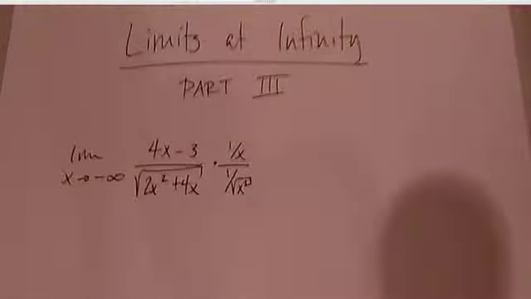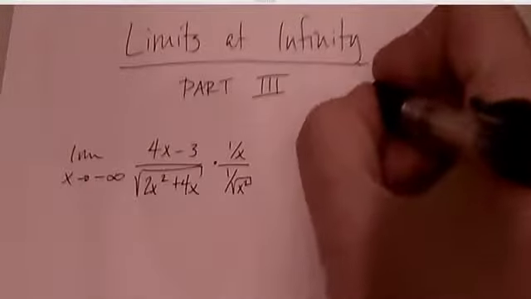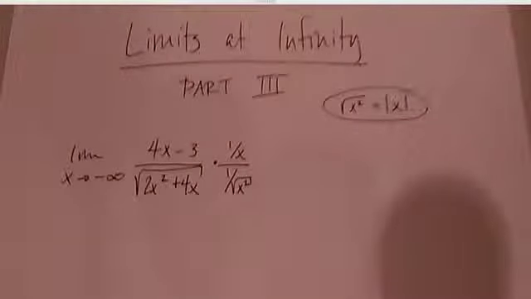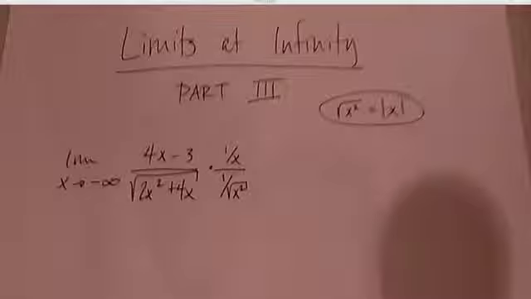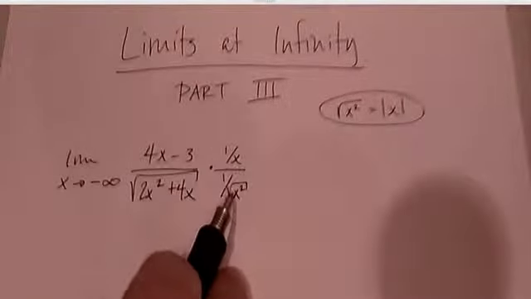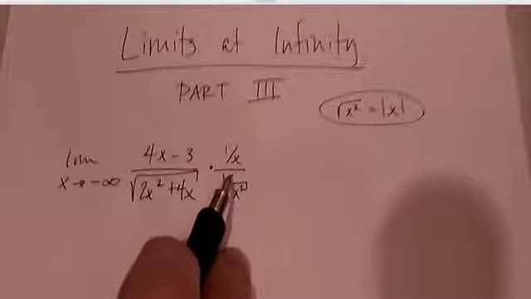But I have a problem, because like I said in the last video, you have to remember that the square root of x squared is equal to the absolute value of x. And if that's the case, for negative values, this is going to be negative and this is going to be positive.